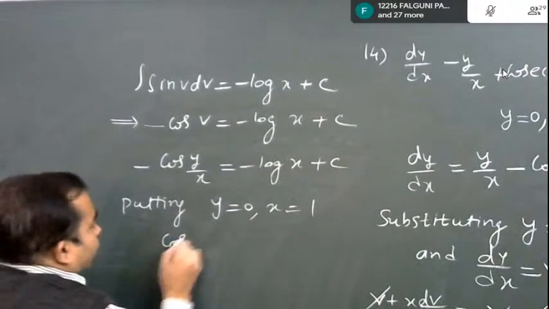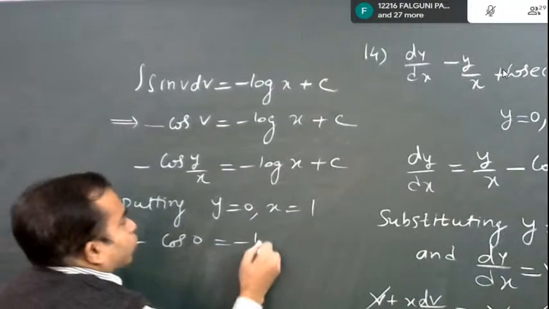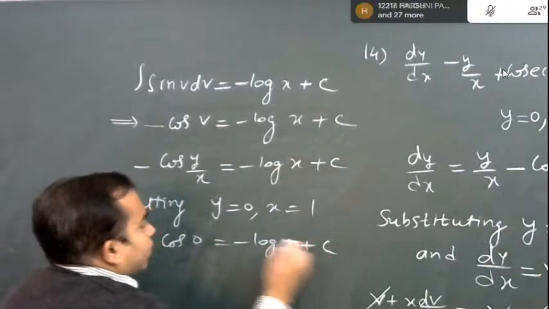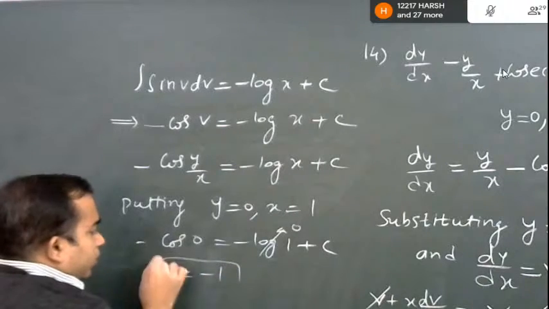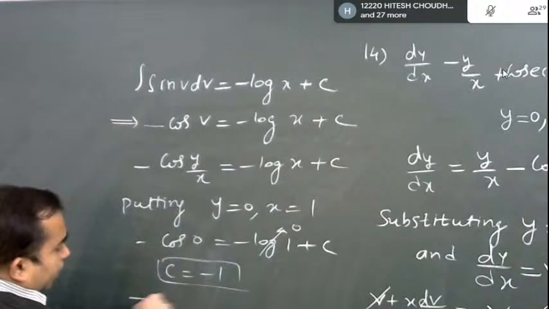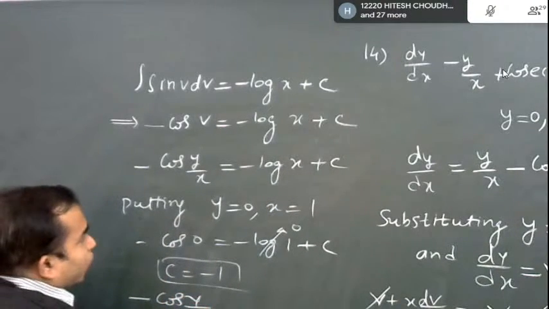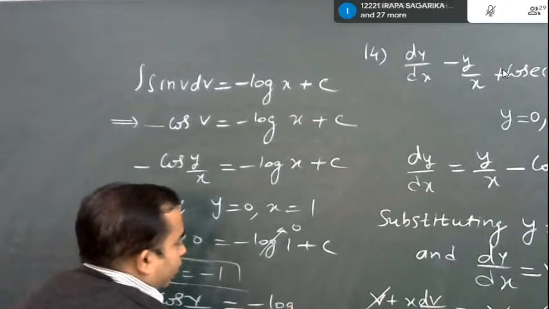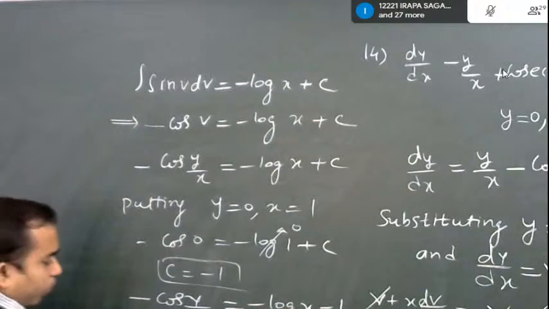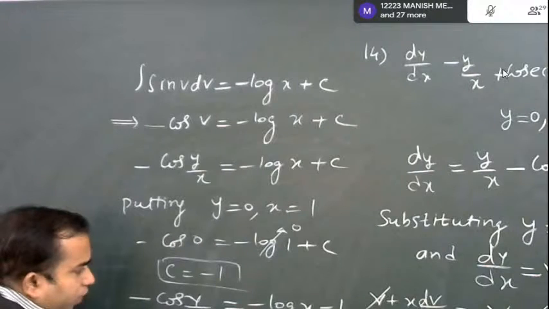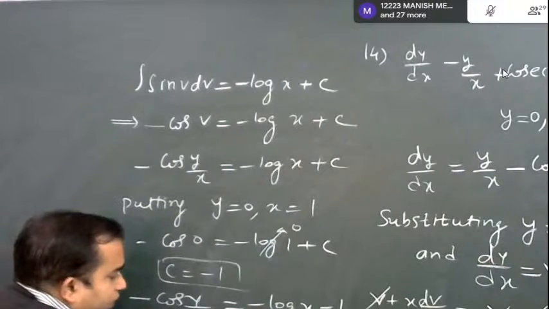This will become cos 0 equals minus log 1 plus c. Log 1 is 0, cos 0 is 1, so c equals minus 1. Substitute again and declare the answer. Minus cos y upon x equals minus log x minus 1. Minus cancelled from both sides, and cos y upon x equals log x plus 1.